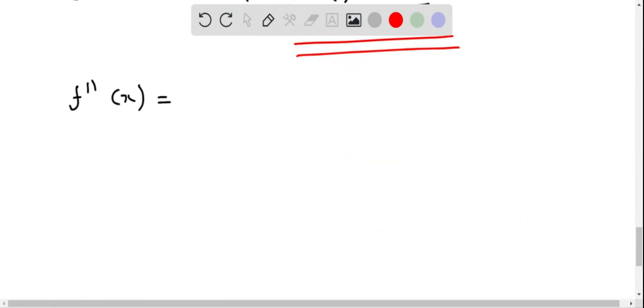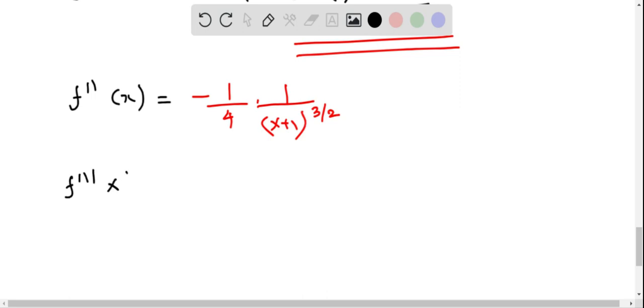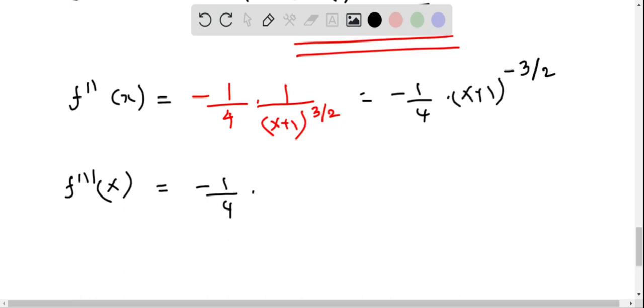I'm going to write down here negative 1/4 x plus 1 raised to the power of 3 by 2. Now we find the third derivative, that is f triple prime of x. This is equal to minus 1/4 x plus 1 raised to the power of minus 3 by 2.